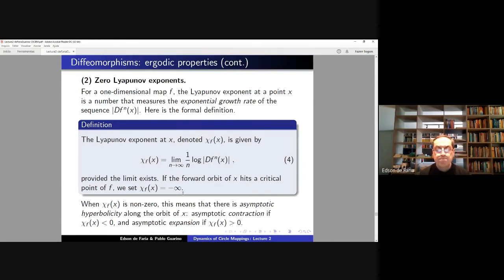Since for a circle diffeomorphism that is conjugate to a rotation there is no hyperbolic behavior at all, no asymptotic contraction and no asymptotic expansion, you expect the Lyapunov exponents to be 0.